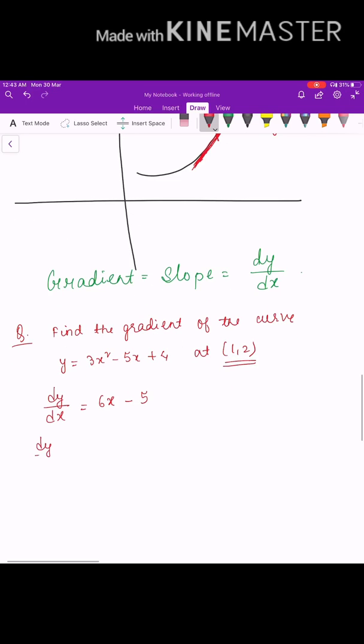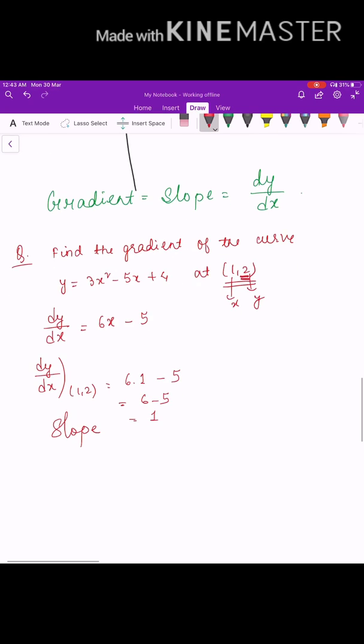So dy by dx for the point (1, 2). Now this is the x coordinate, this is the y coordinate. Wherever there is x, I have to replace it by 1. Wherever there is y, I have to replace it by 2. There is no presence of y, so let us just substitute the value of x as 1. So 6 into 1, 6 minus 5, 1. So the slope of the curve at (1, 2) is 1.